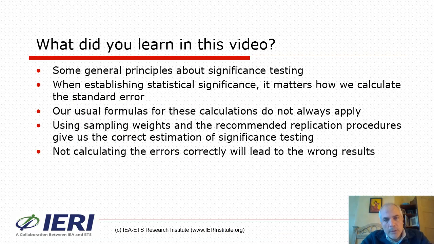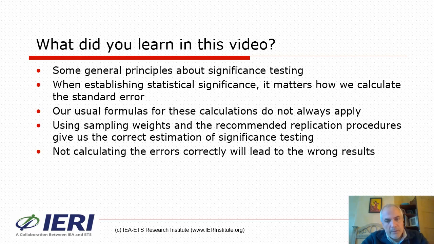To summarize what we covered in this video, we talked about some general principles about significance testing. When establishing statistical significance, it matters how we calculate the error. Our usual formulas for these calculations do not always apply, and by the usual formulas, I mean those that get computed by default with most statistical programs because they assume simple random selection of the cases.